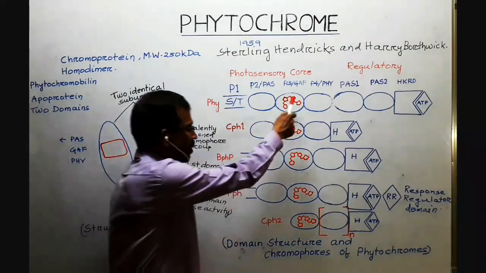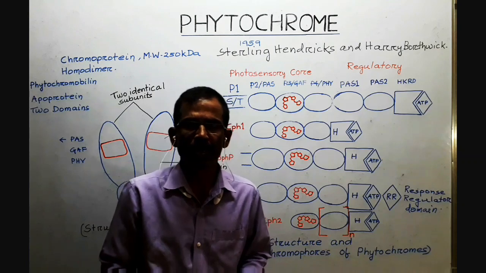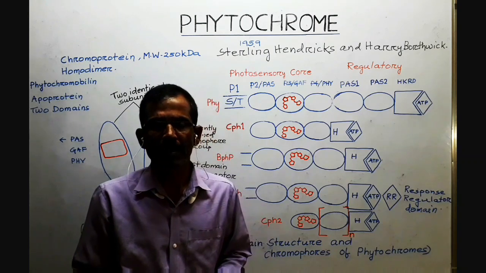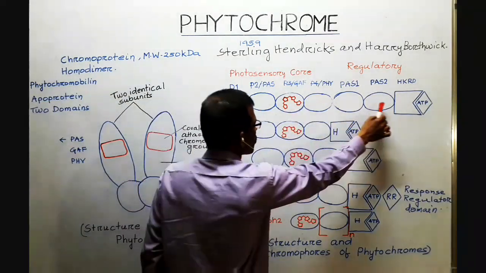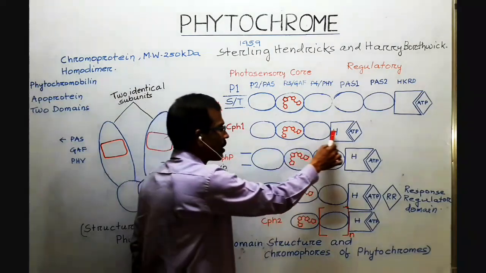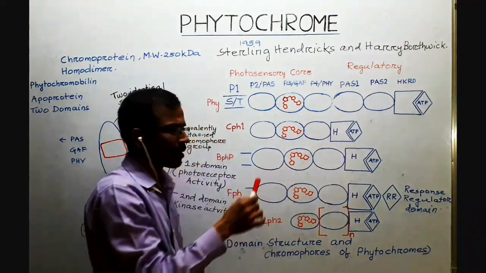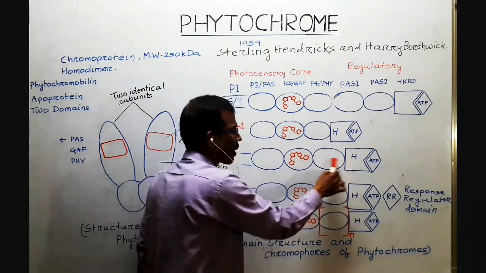This figure shows the domain structure and chromophores of 5 different classes of phytochromes. PHY is the phytochrome present in plants. CPH1 is present in cyanobacteria and BPHP is the bacterial phytochrome.